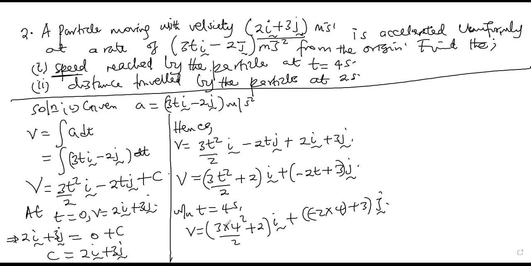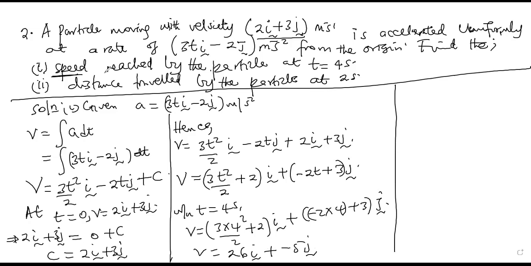So this is 48 over 2, 24 plus 2, 26. So we shall have v as 26i plus, negative 8 plus 3, which is minus 5j.